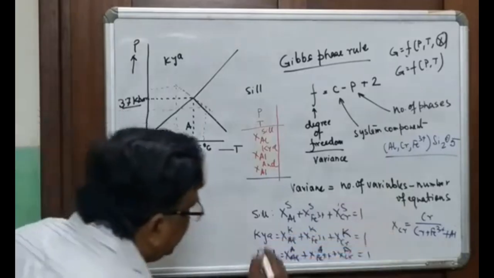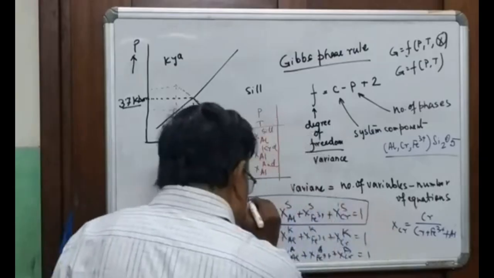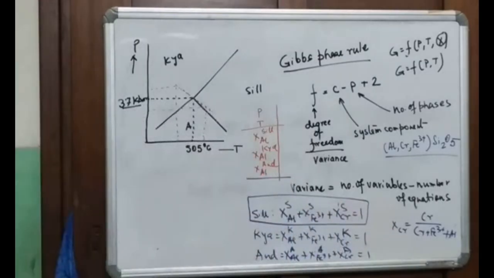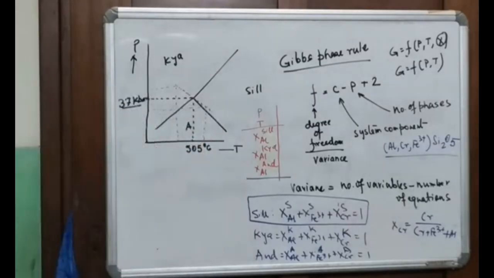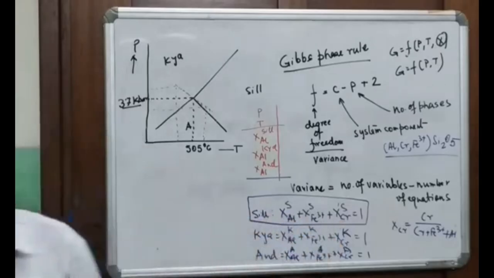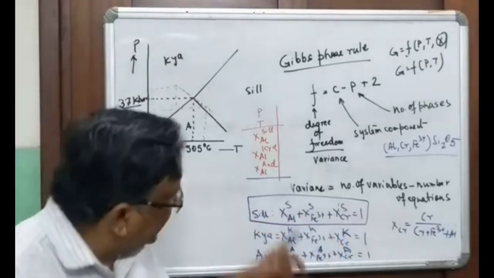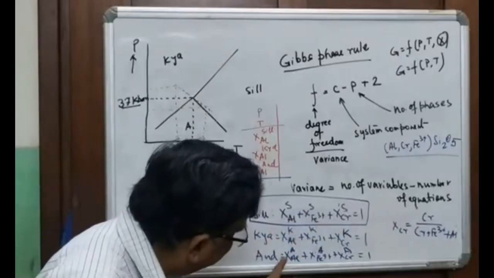So now, let's look at this equation. What do you see? You see something interesting. What is it? There are 3 variables in each of these equations.